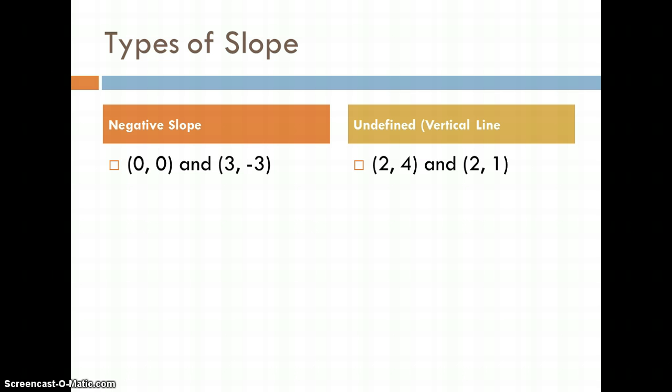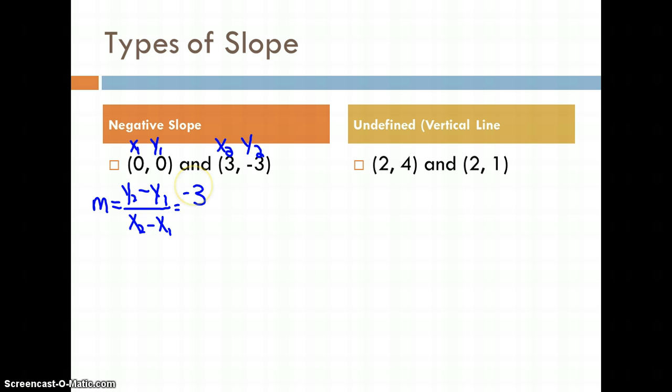A couple more here. We have negative slope and we have slope that's undefined. So let's take a look at the negative first. X1, y1, x2, y2. So we go to our formula, y2 minus y1 over x2 minus x1.